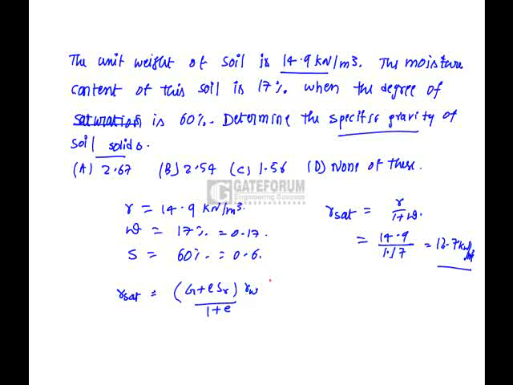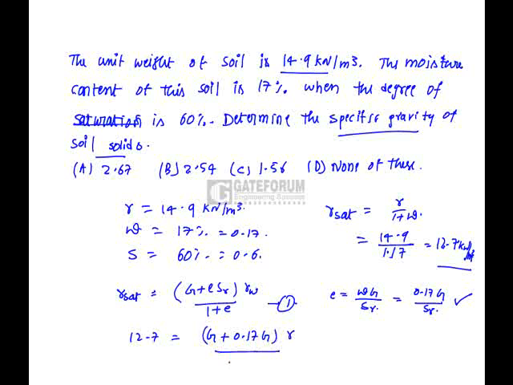So we have to convert these entire terms into specific gravity. So e is equal to wG by S_r, where w is water content 0.17. So by substituting these in equation 1, gamma saturation is equal to 12.7, that is equal to (G plus e S_r) into gamma w by 1 plus e, where e is equal to 0.17 G by S_r, and S_r is 0.6.